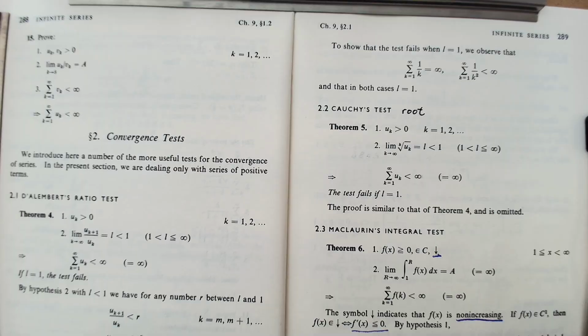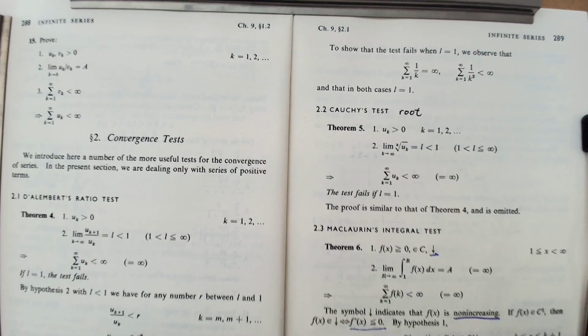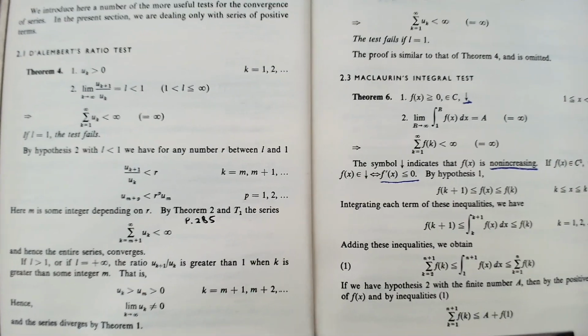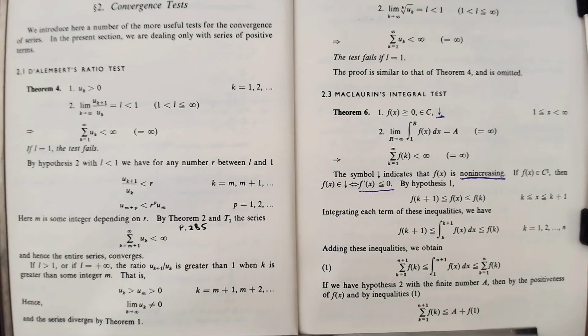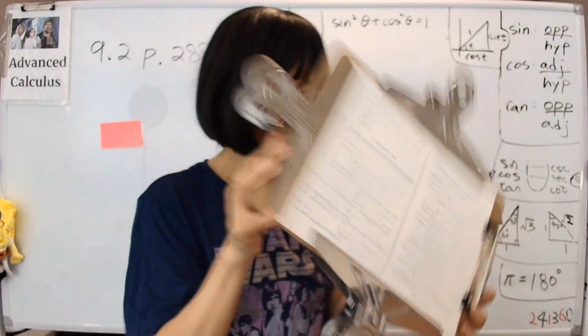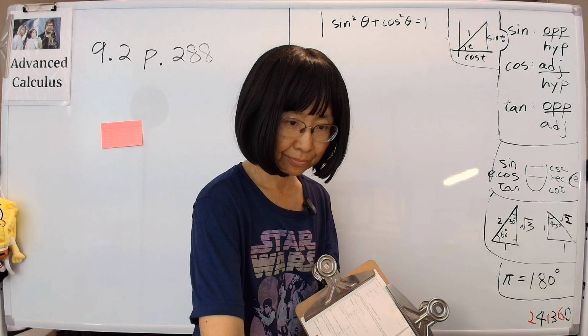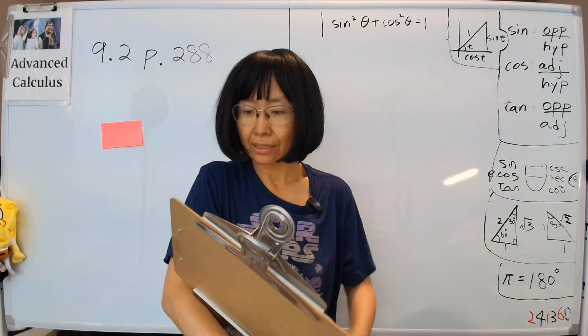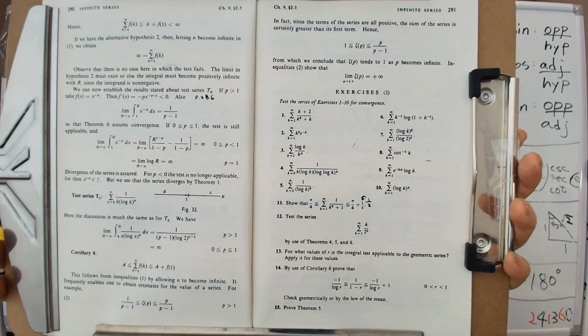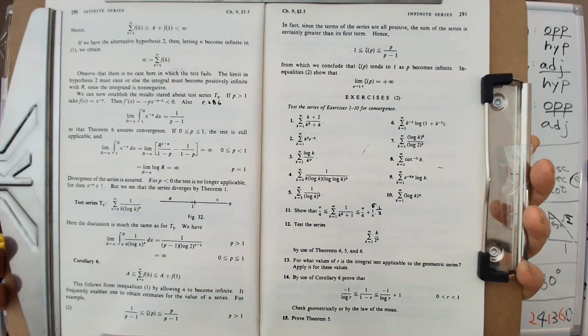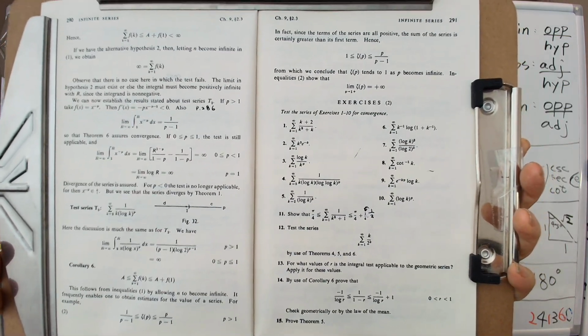And let's see, is my camera focusing? Good enough. And then the bottom. Okay, that's that. Next, 290 and 291. That is, I think, yes. All right. That's the whole page.